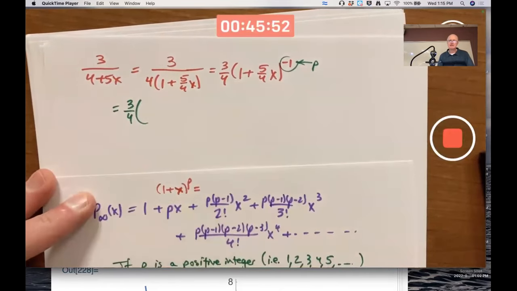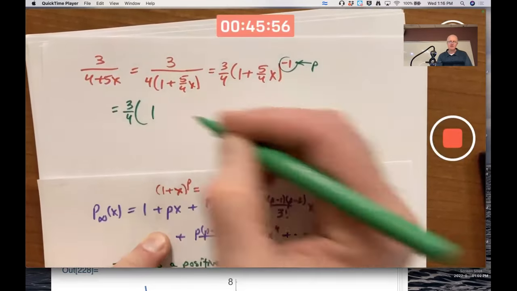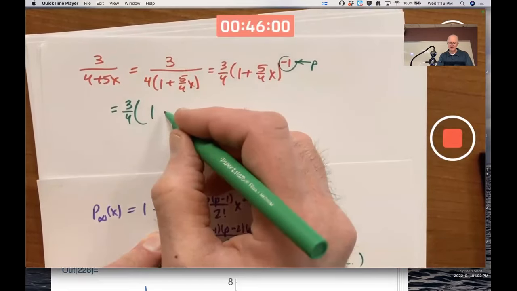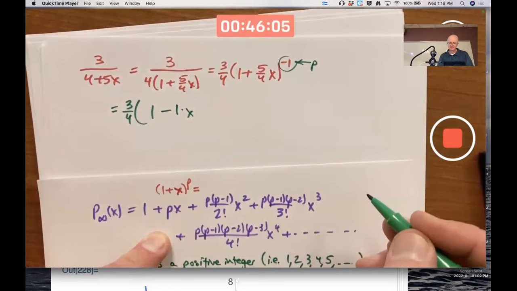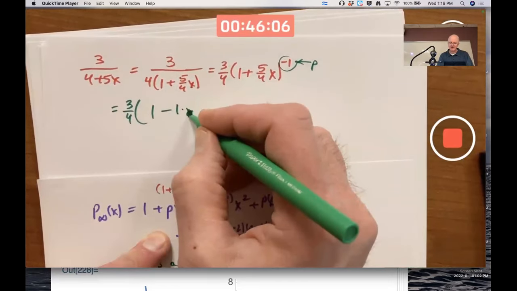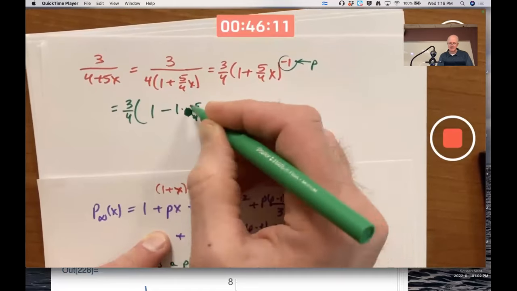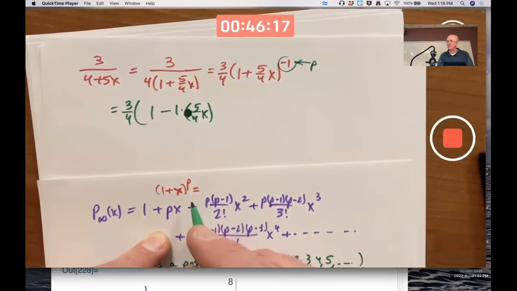Then use parentheses. 1 plus p times x. p is -1, so that becomes -1 times x. Oh, sorry, mistake: 5/4 x. 5/4 x is playing the role of x. It's okay, you can do that. It's just called substitution.